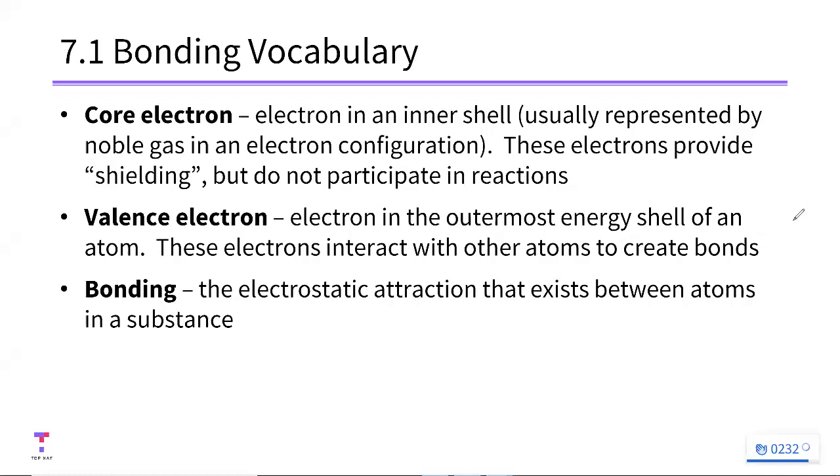The thing that's keeping the nucleus from the outer electrons primarily is the inner electrons. The fact that they put physical distance and other charge in between the nucleus and those outer electrons. So those are the core electrons. They're in the inner shells. Primary job is shielding. They don't do much else. They definitely don't participate in chemical reactions.